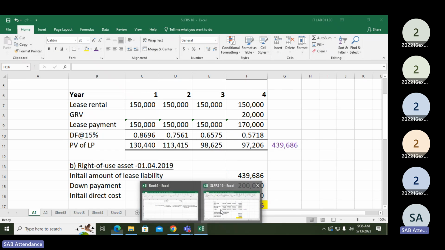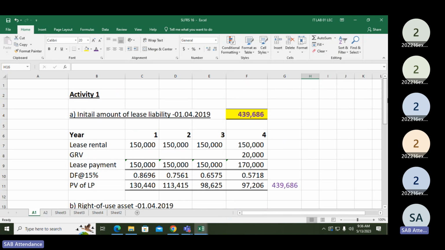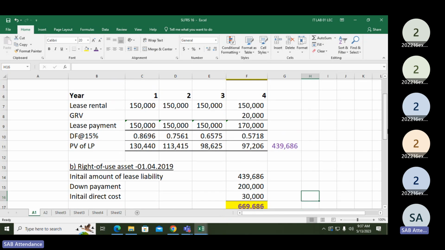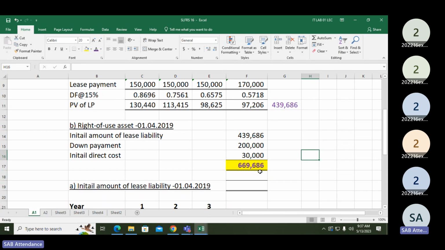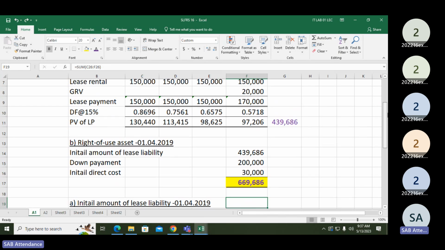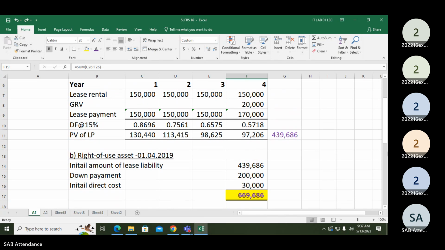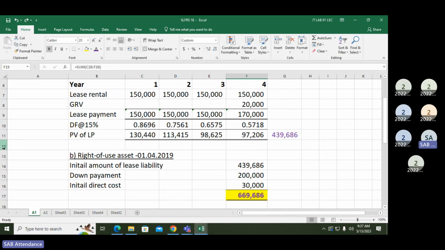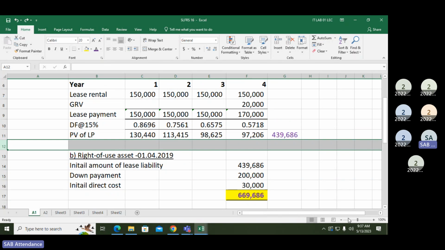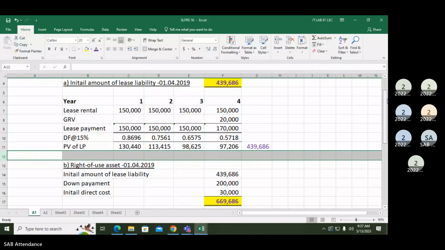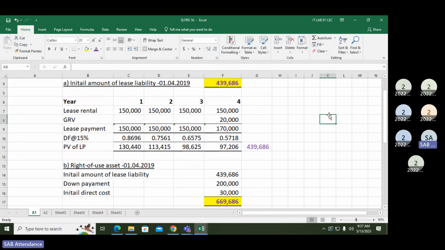Now here you have the initial measurement of lease liability and right of use asset.